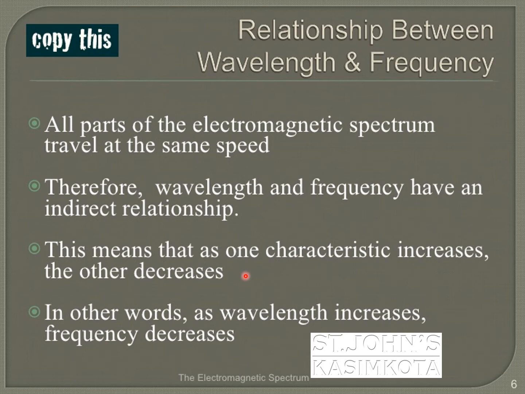Since speed has to be the same for all parts of the electromagnetic spectrum, the relation between these two quantities becomes crucial. If one quantity increases, the other decreases to balance the product of frequency and wavelength.